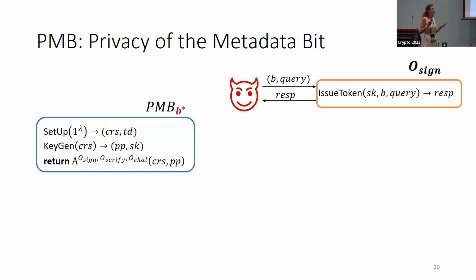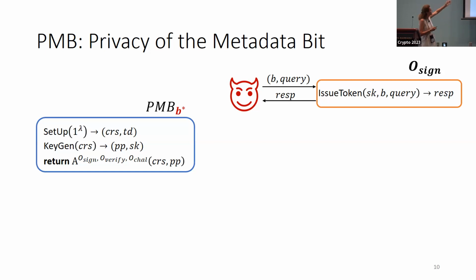If you're not familiar with this type of protocol, I can make the analogy to encryption mechanisms. This is actually very similar to CPA security with chosen plaintext attacks. You can imagine that this B over here is the plaintext that this oracle will encrypt and return a response with. So this is very, very similar.